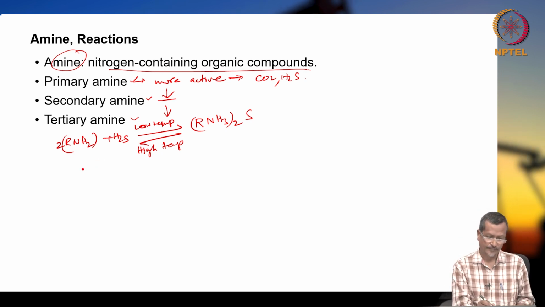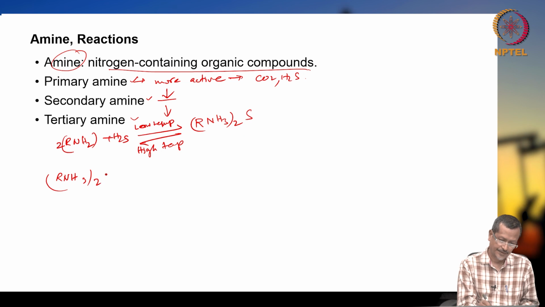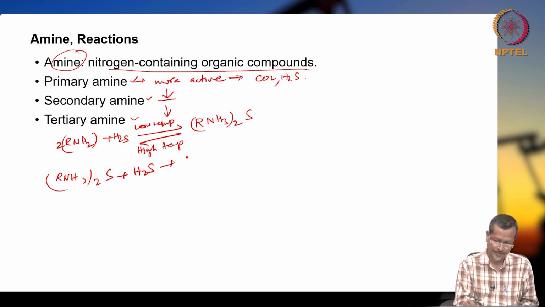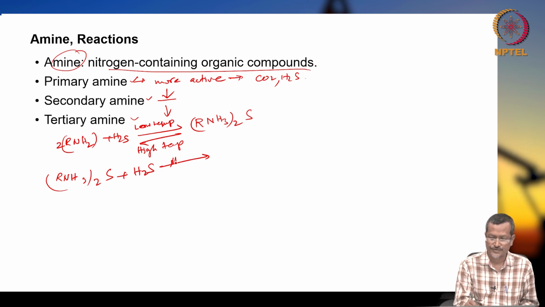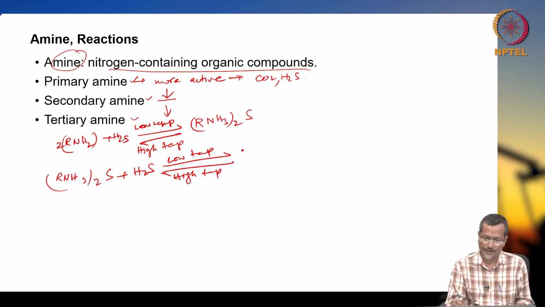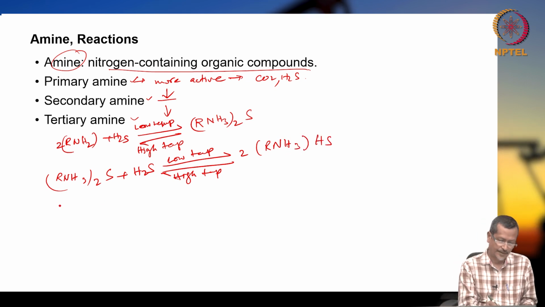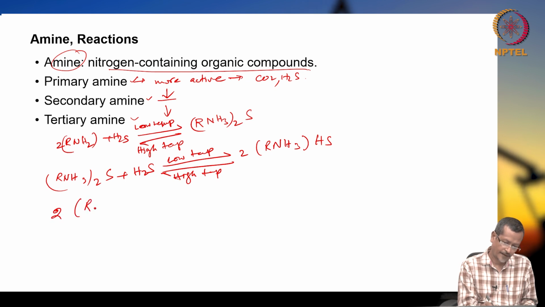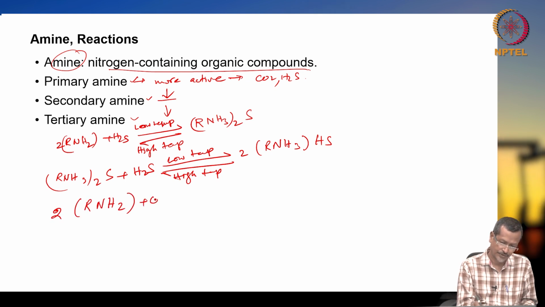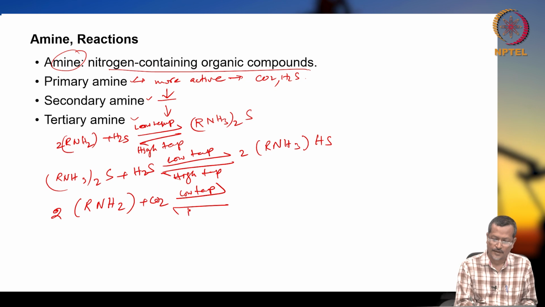Then (RNH3)2S plus H2S gives 2RNH3HS, low temperature forward, high temperature reverse. Another reaction: 2RNH2 plus CO2 goes to low temperature, high temperature.